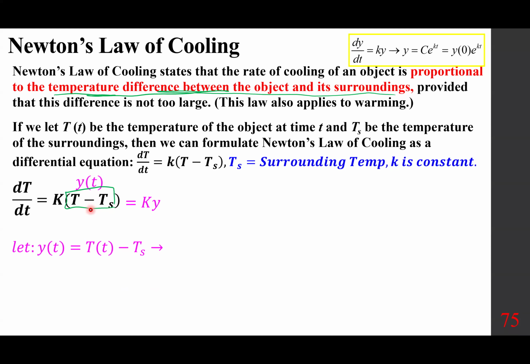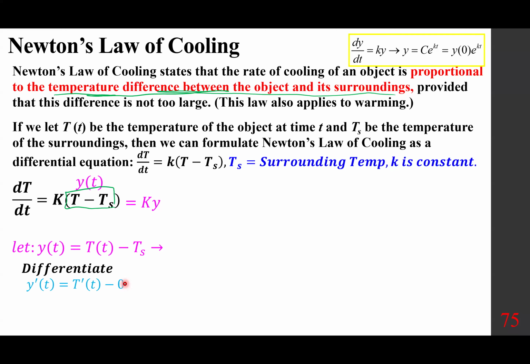This is by choice. Y is a function of time. Capital T, temperature, is a function of time, minus T sub s. Let's differentiate both sides. When we differentiate, this becomes y prime, this becomes T prime, and this one is a number, class. Surrounding temperature is some constant. The answer is 0. So this gives you y prime, this gives you T prime, this gives you 0 because it's a number.